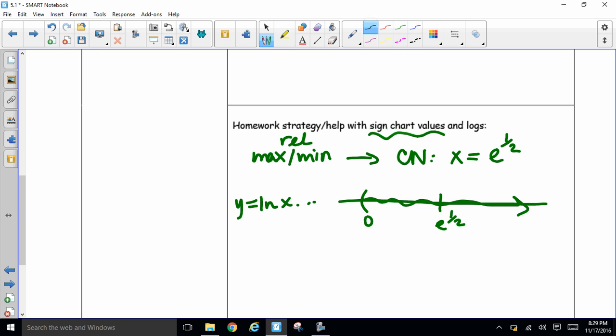So then some good choices would be, well, what's smaller than e to the 1/2? Looking at a smaller power, so like e to the 1/4. And what's bigger than e to the 1/2 would be like e to the 1. And that's not that bad, even though you don't know what those are either, because if you go to plug in natural log of e to the 1/4 and then some other stuff, that part cancels and gives you 1/4.